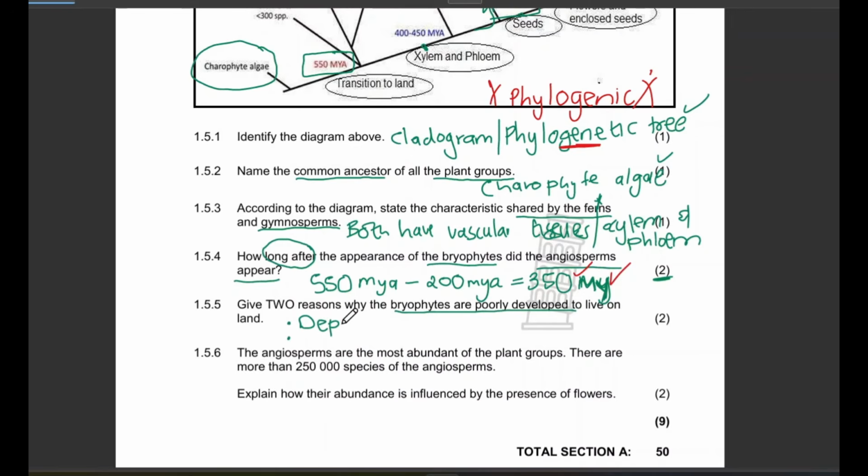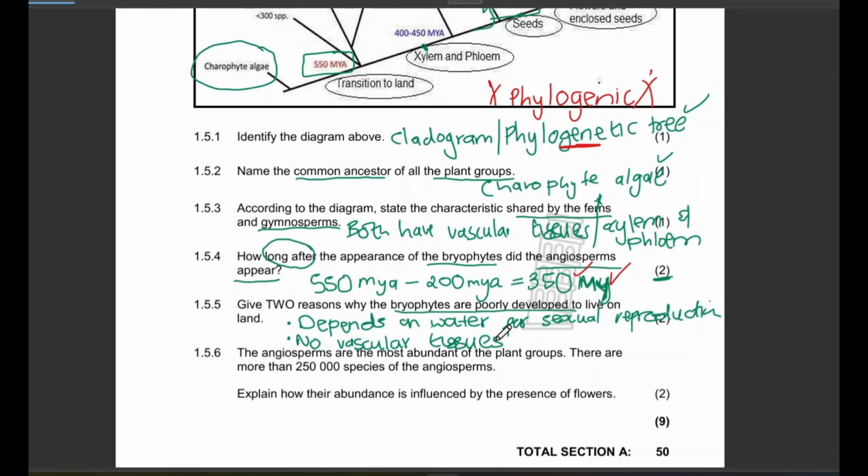So they are poorly developed on land because they need water in order for reproduction to take place. They depend on water for sexual reproduction. And they also do not have vascular tissues. So they don't have xylem and phloem, no vascular tissues.